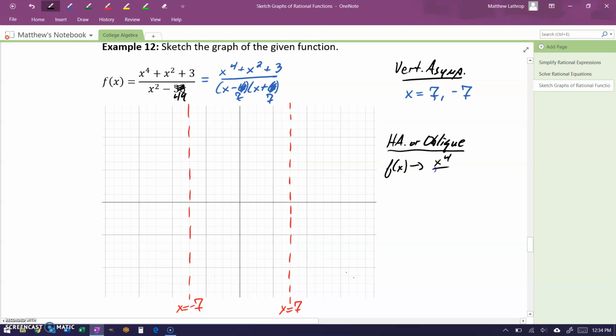So this would be x to the fourth over x squared, which will reduce down to x squared. So we have no horizontal or oblique asymptotes, but we do know that the end behavior will match y equals x squared.